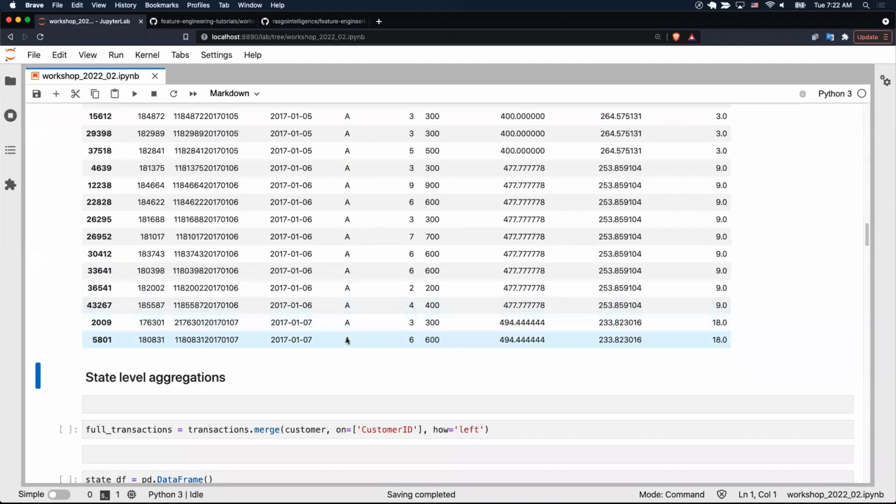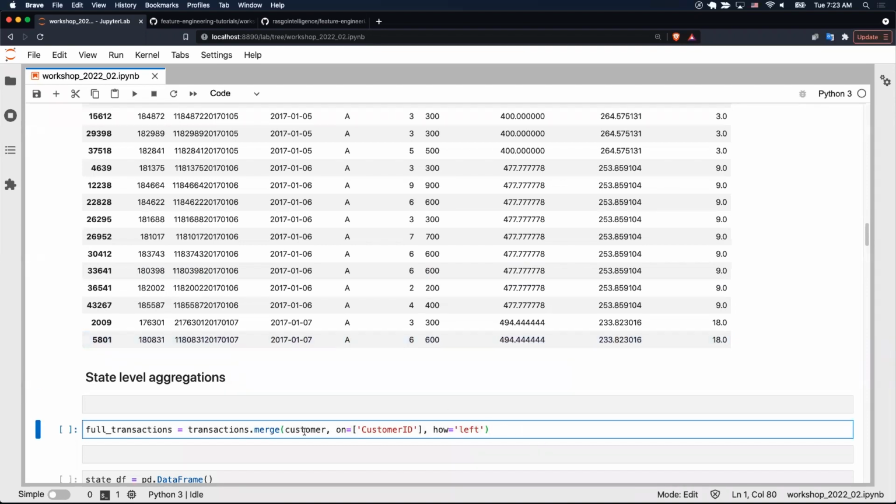This was done at the product level that was included in the transaction file. But I had categorical variables in the customer data as well. So I'd like to merge the customer data back into the transactions.